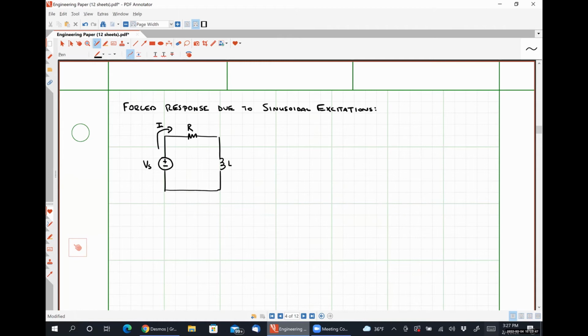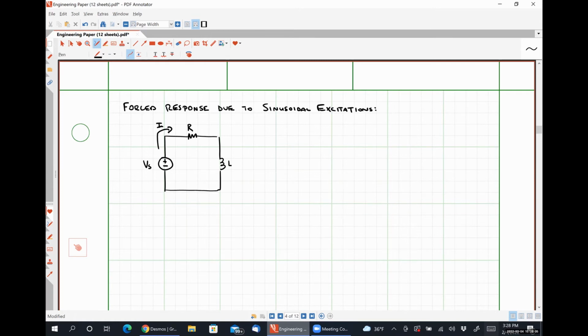So the response of the circuit, by which I mean literally every voltage and every current, is established by the form of the excitation signal.